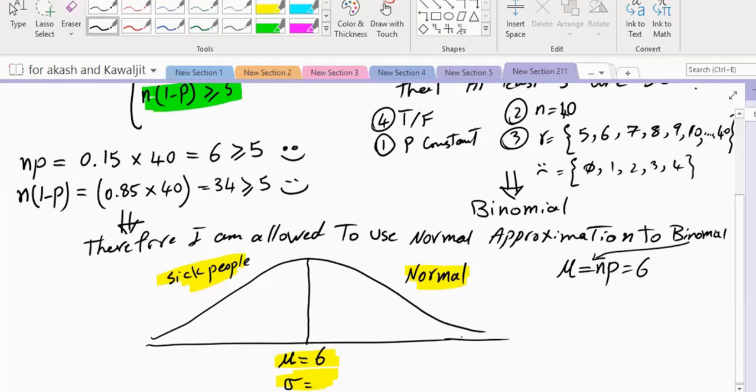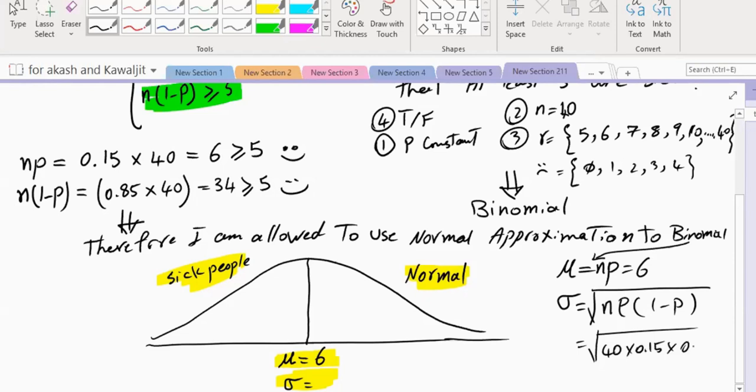It should be the standard deviation of my binomial distribution, because I'm using a normal distribution instead of a binomial distribution. So it should be the square root of n multiplied by p multiplied by 1 minus p. It should be 40 multiplied by 0.15 multiplied by 0.85, and then we get the square root.